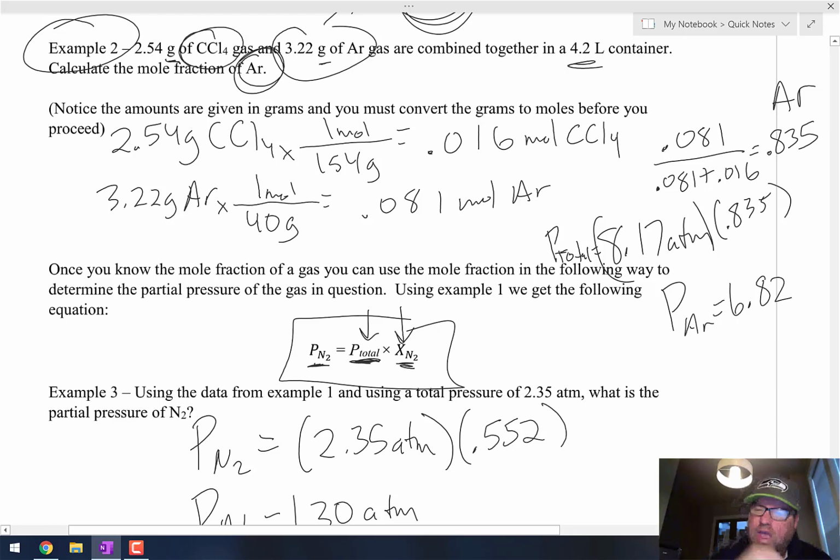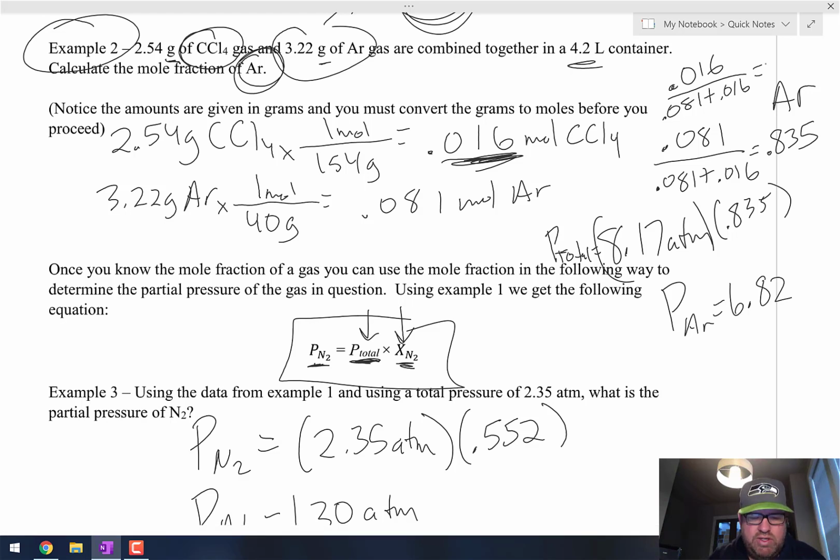which means we could also use that to figure out the pressure of CCl4. Okay, if we use that same logic, how many moles of CCl4 do we have? We have 0.016. So if we took 0.016 and divided by 0.081 plus 0.016, close those parentheses, we would get the mole fraction of the CCl4, which equals 0.165.